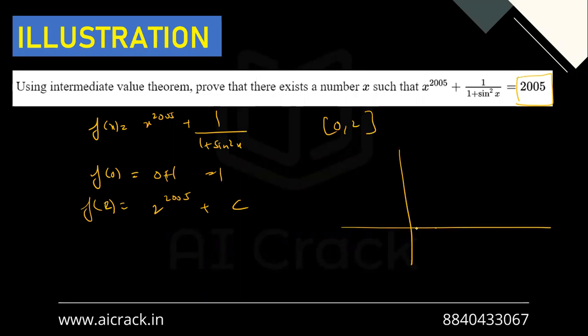Now this is our 0 point. At 0 the function value is 1. At point 2 the function value is 2 raised to power 2005, let's call it f(2). So this is the point over here, and let's say the function is something of this sort, kind of exponential, not exactly exponential, right?